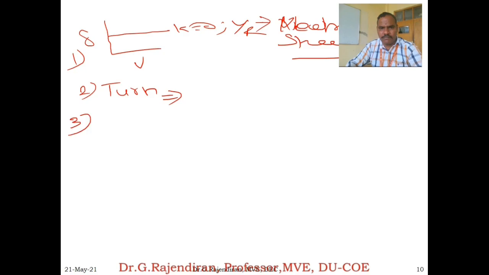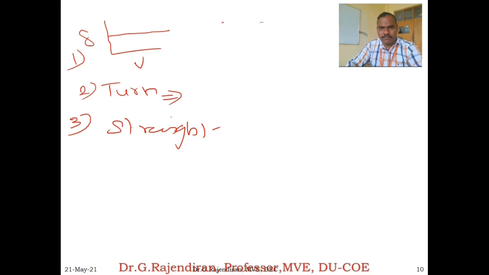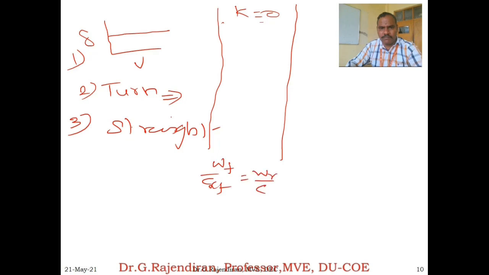And third point, when the vehicle is moving over straight line motion, we have to take 3 things. One is when K is equal to 0. Clear? K is equal to 0. WF divided by C alpha F is equal to WR divided by C alpha R. Then alpha F is equal to alpha R. Clear?